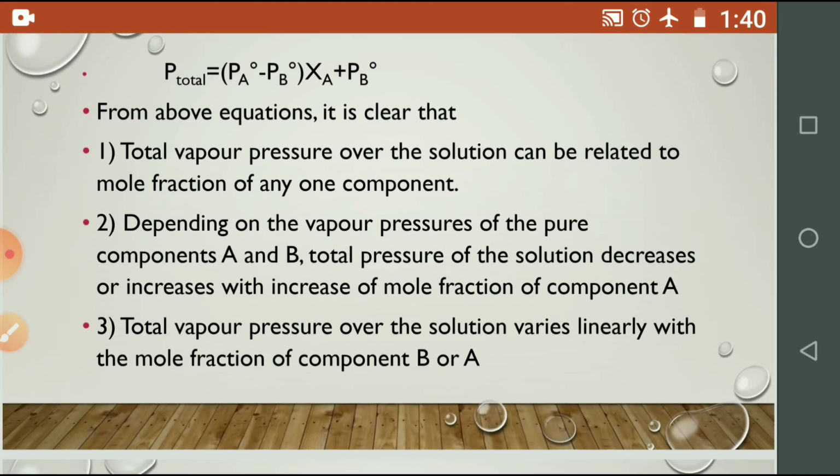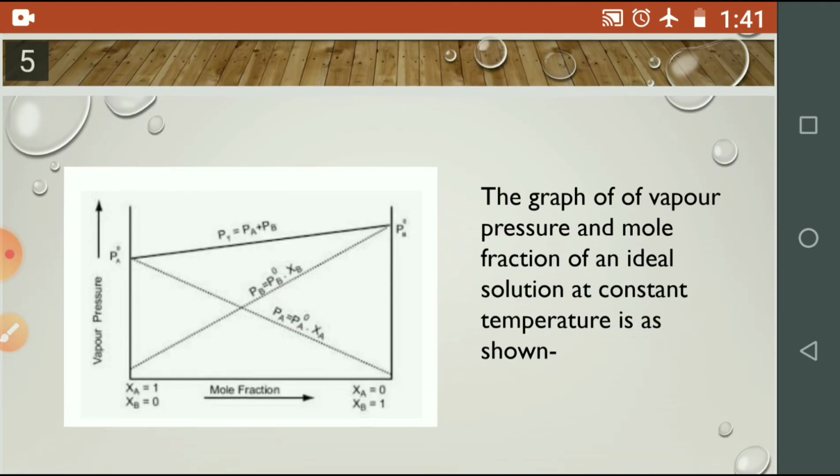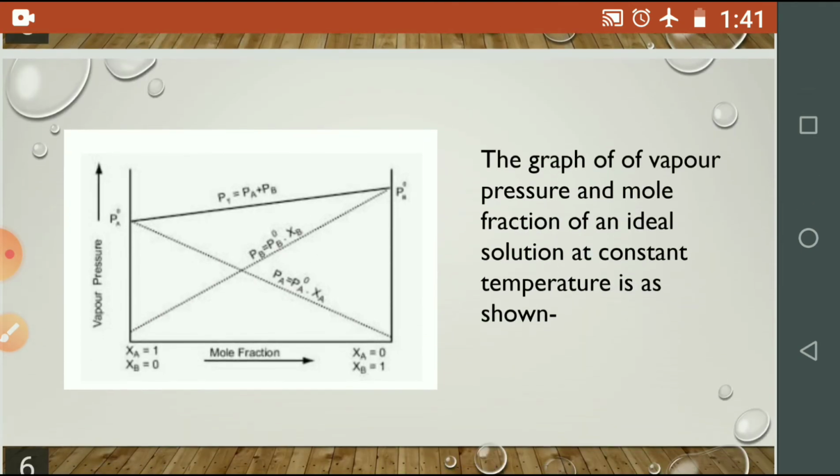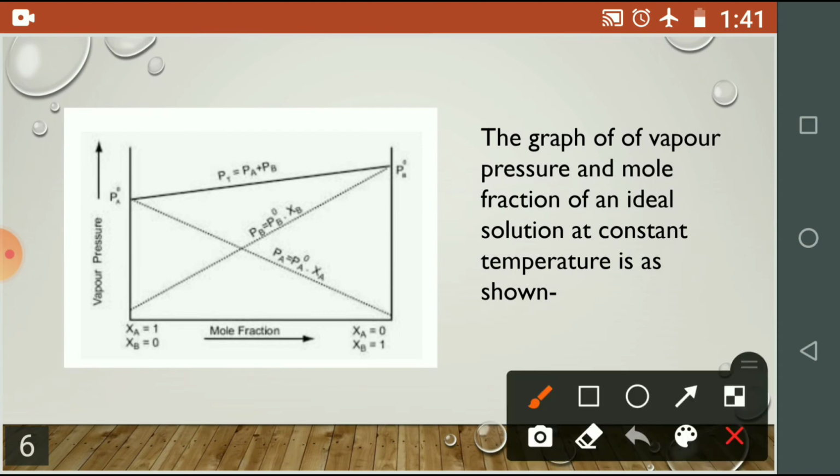Total vapor pressure over the solution varies linearly with mole fraction of the component B or A. So if at all we draw the graph of vapor pressure against the mole fraction, we find that the graph will always be a straight line. Illi nodri, we are going to draw the graph of vapor pressure along the y-axis, mole fraction along the x-axis.